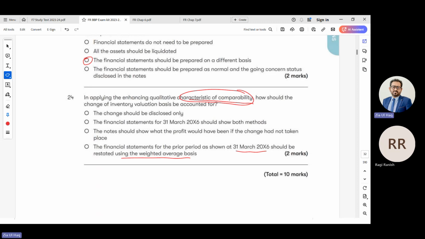Though previous financial statements were prepared on FIFO, now you are preparing on AVCO, so past year results affected by this method should also be restated and disclosed in the notes to the accounts. Option D is the best option. Not only disclosure, you need to restate and then provide disclosure.